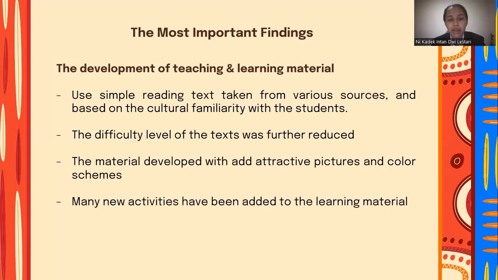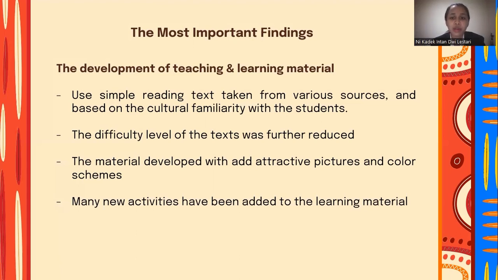And then many new activities have been added to the learning material. So as I said before, one of the weaknesses of the existing material was the monotonous activities in the material. So to overcome this, the new material was developed with various activities, besides reading text.